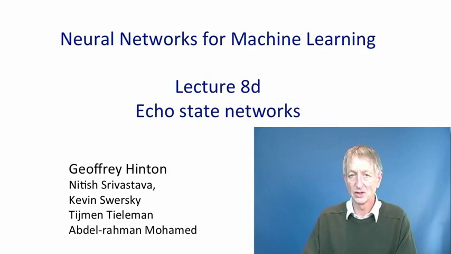In this video, I'm going to describe echo-state networks. These use a clever trick to make it much easier to learn a recurrent neural network. They initialize the connections in the recurrent neural network in such a way that it has a big reservoir of coupled oscillators.